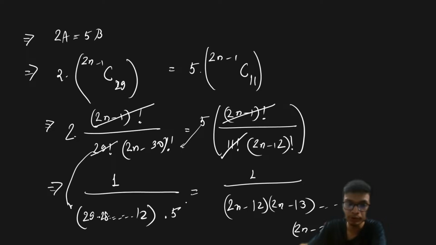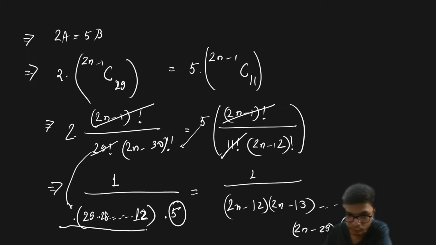Now, why I kept this 5 and why I kept this 2 is for a purpose, and the purpose is very simple. If I write it as some multiples of 30 in 29 and in 12, so that I multiply with 6 over here, such that this is going to be a continued product from 30 down to 12.